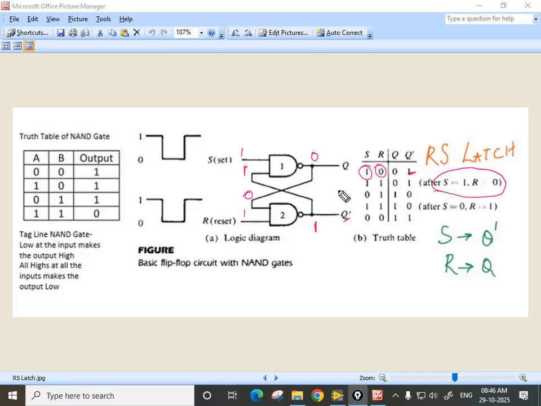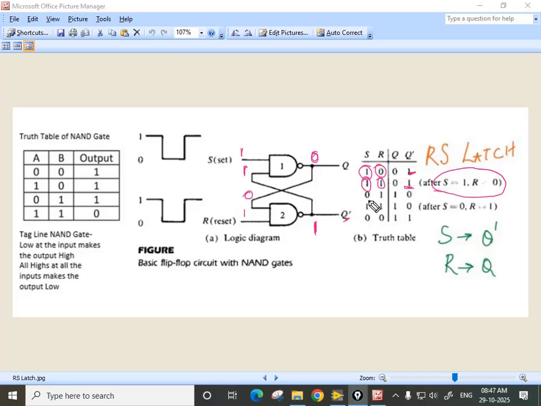With R equal to 1, a 0 at the input makes the output high, so this is 1 and this is 1 fed over here, and the other output is already 1 because of this, so the outputs stay the same. There is no change.